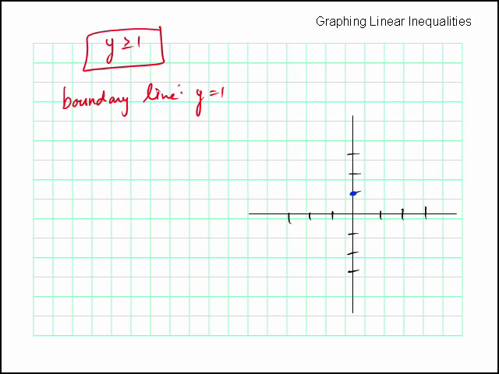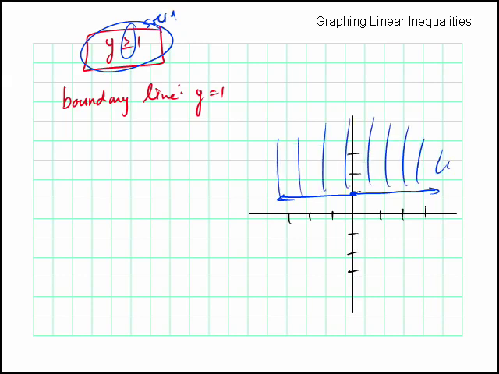Solid or dotted? This tells me it is a solid line. Now I have to know which side to shade. Well, it is solved for y. It says y greater than, so I shade above, and I'm done. There it is. I've graphed the inequality.